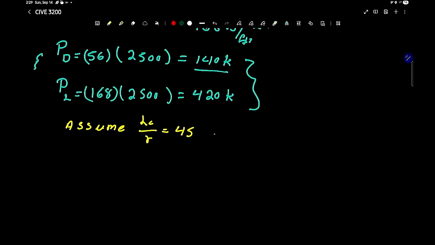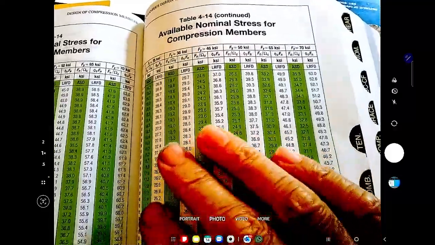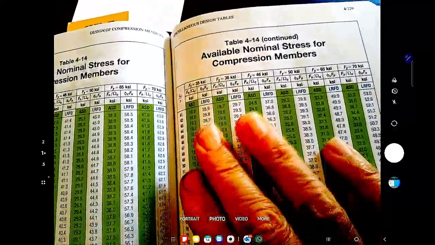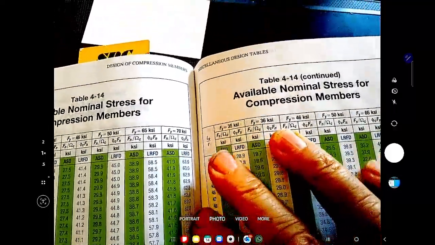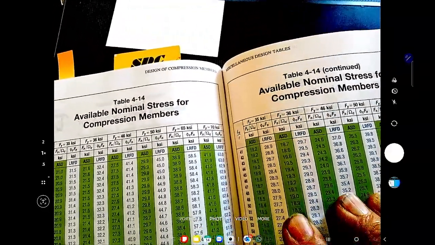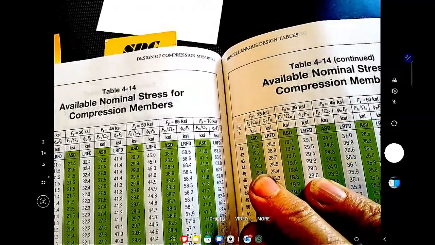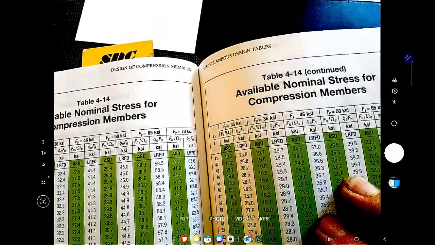And then we're going to go to table 4-14. Okay, this is table 4-14. If we go to right here, there is the LC over R right there at the top, and we said let's guess at 45 right there, and the steel is going to be Fy 50, so I'm going to come across Fy 50.